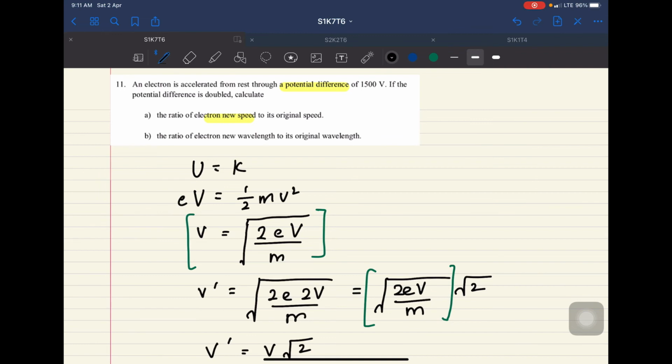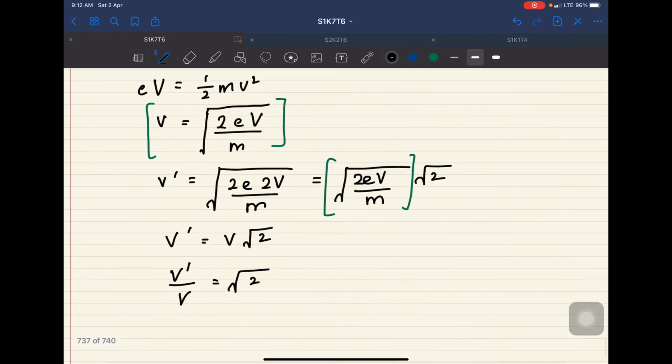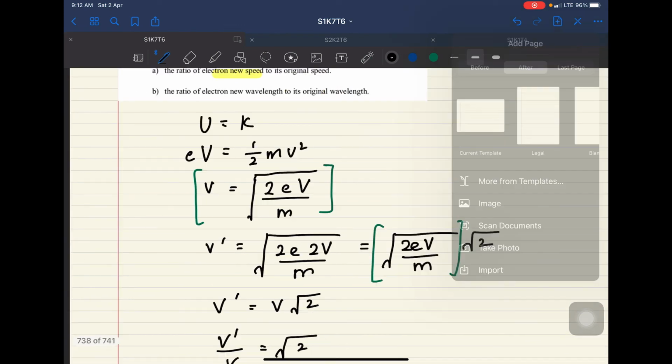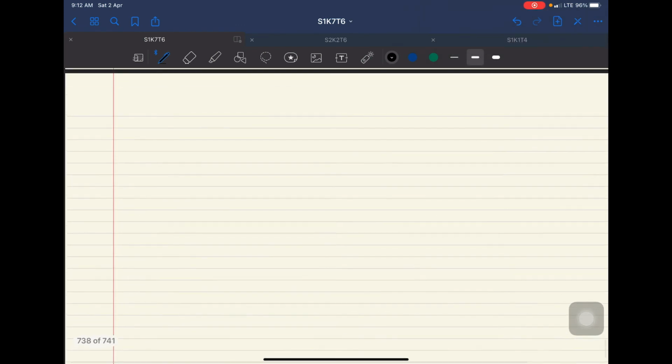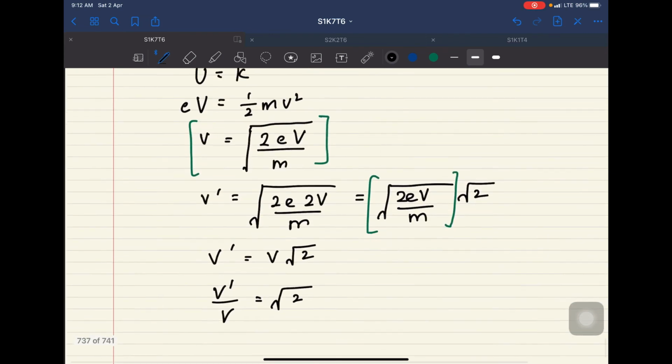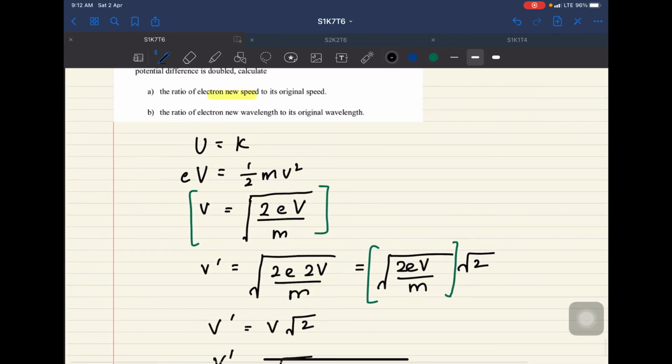Now you still can use the same approach, because you want to relate lambda with v. What is the question again?